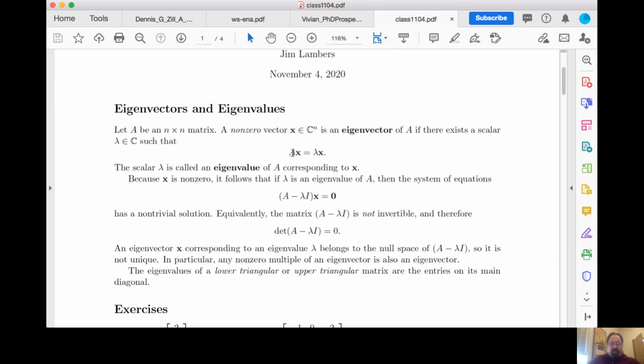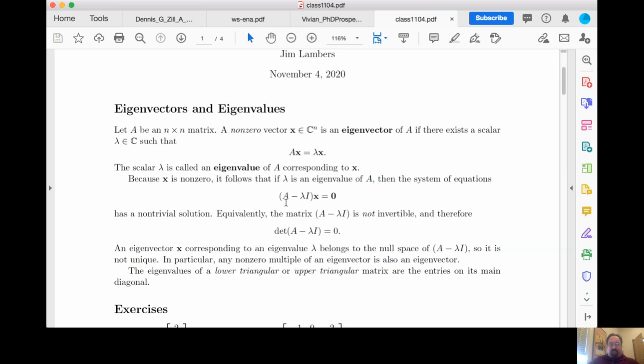Now if I take this equation, Ax equals lambda x, and rearrange it so that I have everything on one side, 0 on the other side, then I have a matrix, A minus lambda times the identity, times a non-zero vector x equal to 0. This is a homogeneous system like we've been dealing with before, matrix times x equals 0, where x is non-zero. So this system has a non-trivial solution.